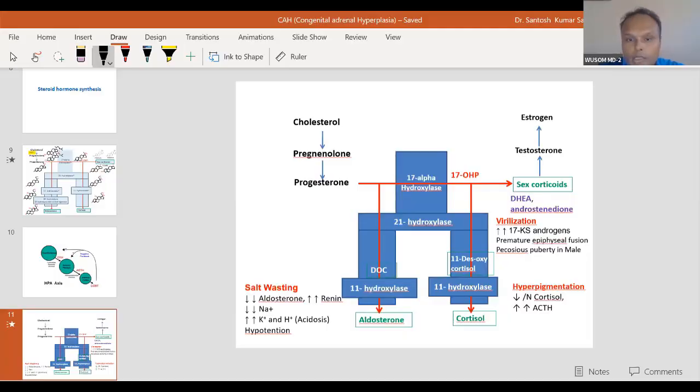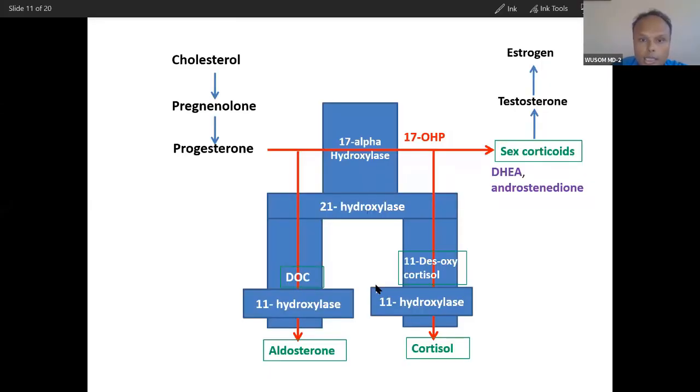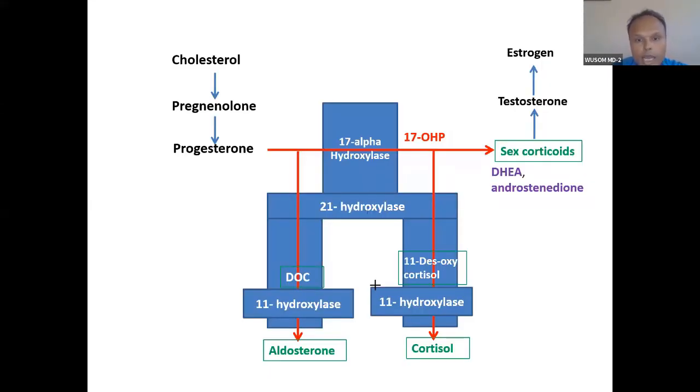If this 21 hydroxylase is completely deficient, what will happen? The formation of sex corticoids will be high, and there will be salt wasting.